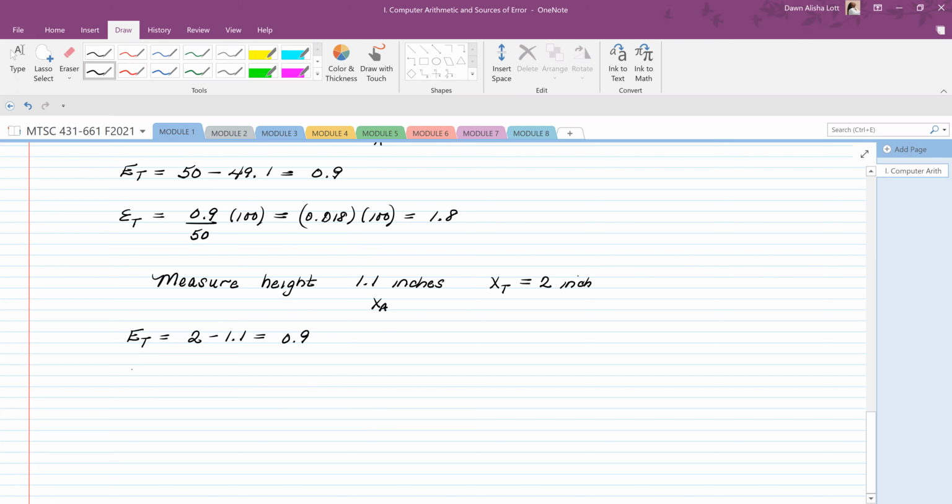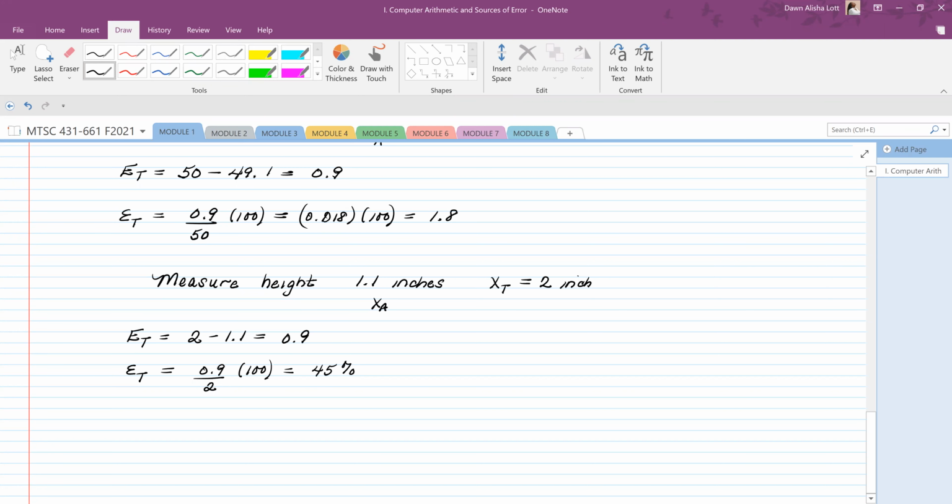But if I look at the relative error, if I take 0.9, divide by 2, and multiply by 100, that's 45%.